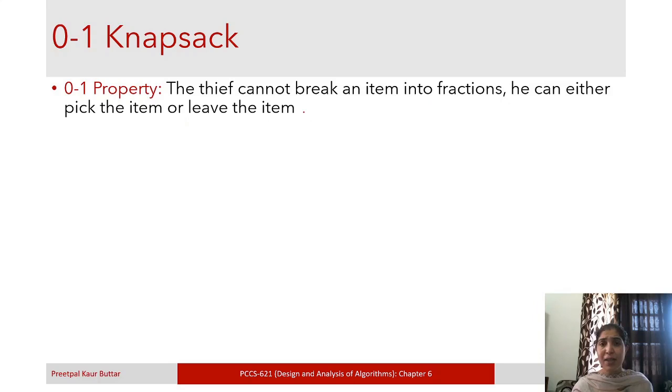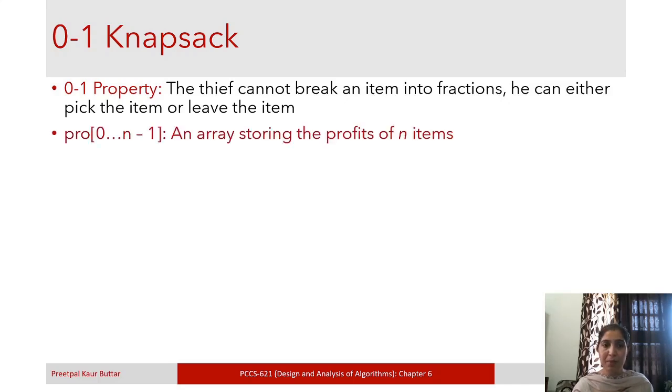In the fractional knapsack problem, the thief was able to break the item into fractions, which is not possible in the 0-1 knapsack problem. So here we are given an array pro from 0 to n minus 1. It means it is an array which is storing the profits of n items. Total n items are there.